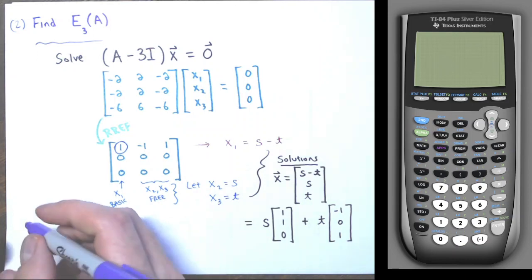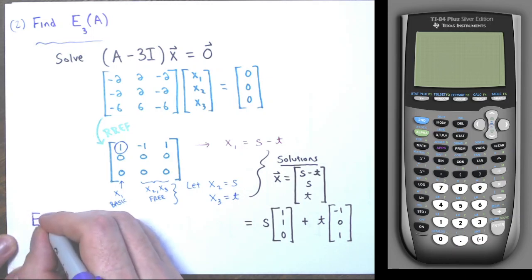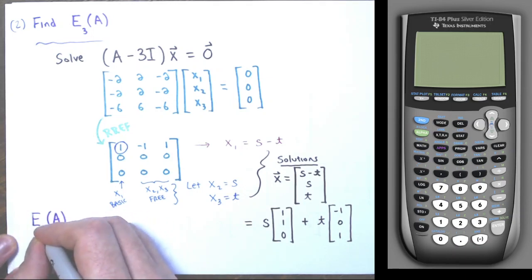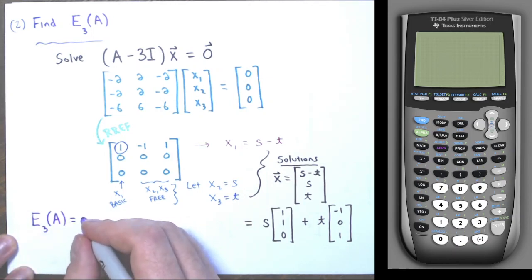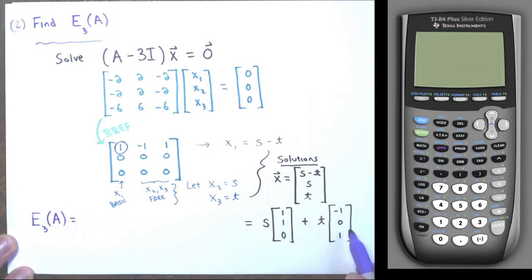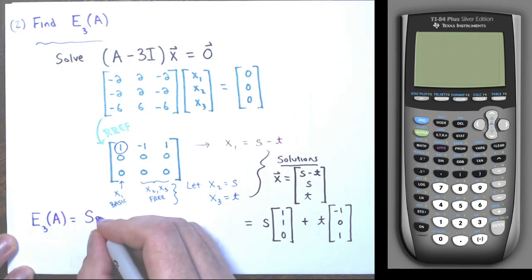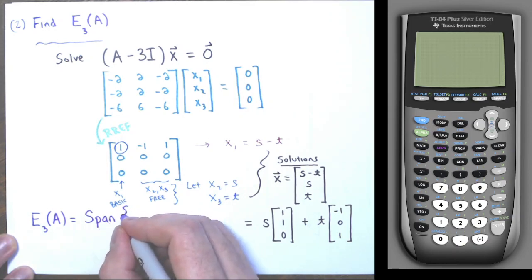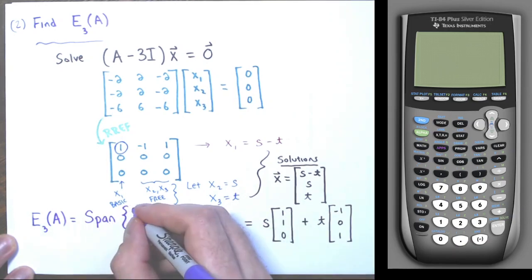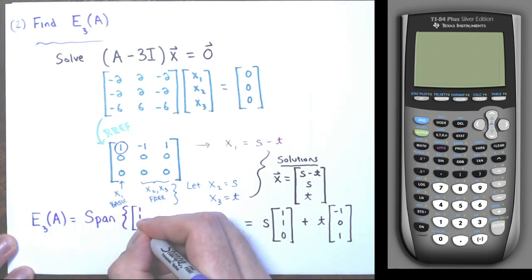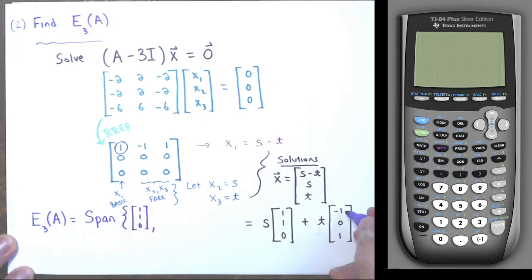So the eigenspace of A corresponding to 3 is, you can write the linear combinations as long as s and t are real here, or just remember what the span is. This is the span of the set with the vectors 1, 1, 0 and negative 1, 0, 1.